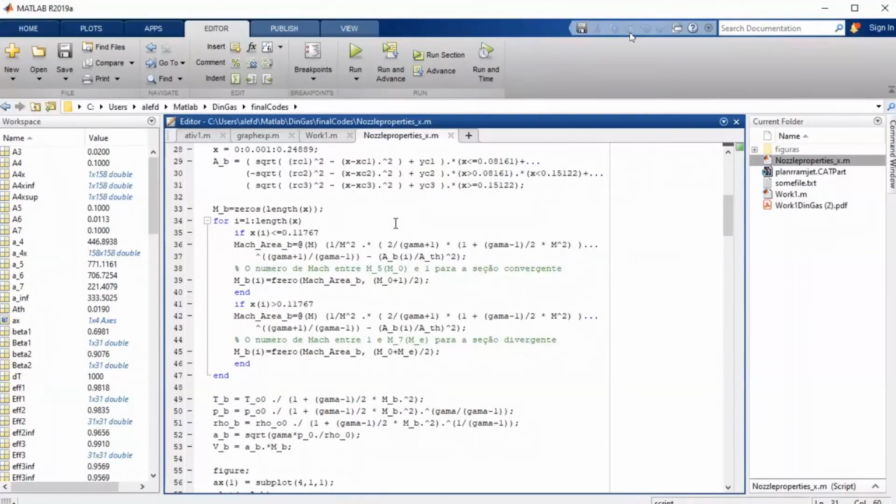Three arcs defined by some points I took from the CAD. Then I have to use the Area-Mach number relation to find the Mach number at each X point I defined in each area. I know that the flow is subsonic before the throat, which means that for X less than the throat value, I use fsolve to find it.